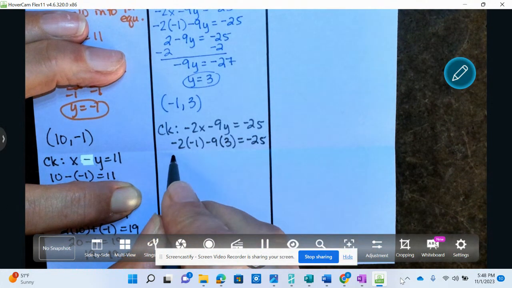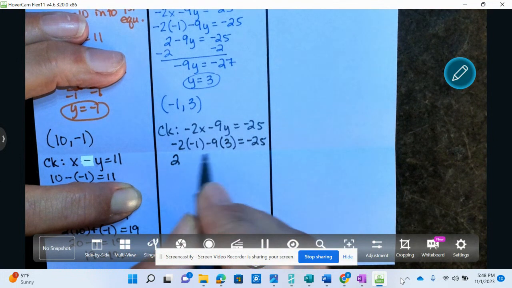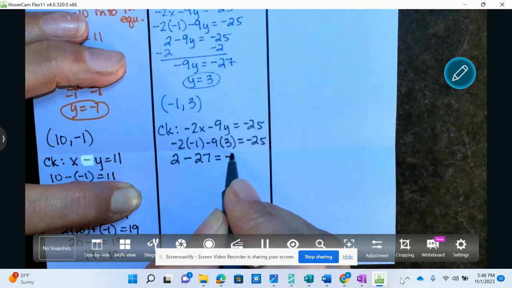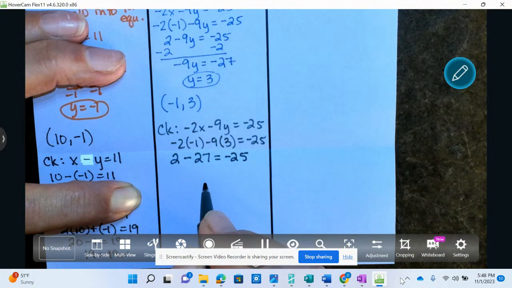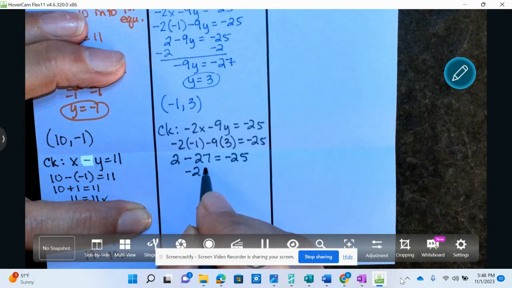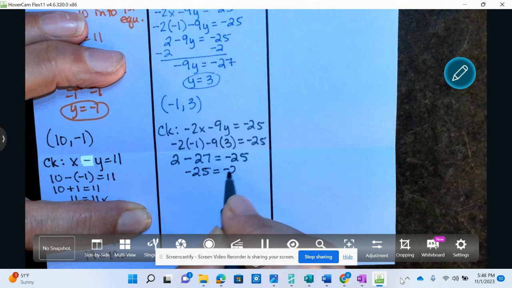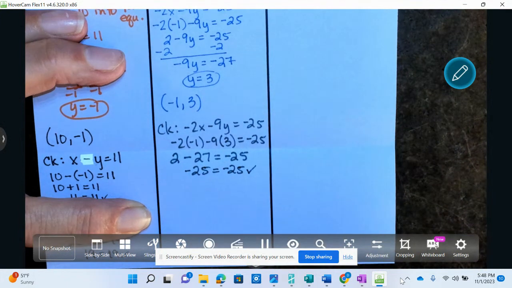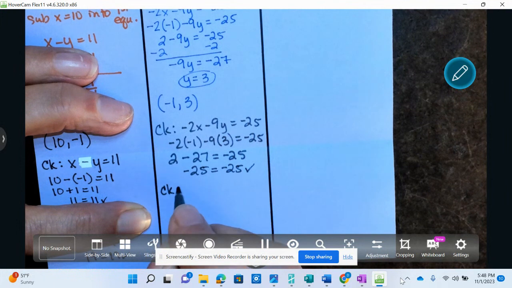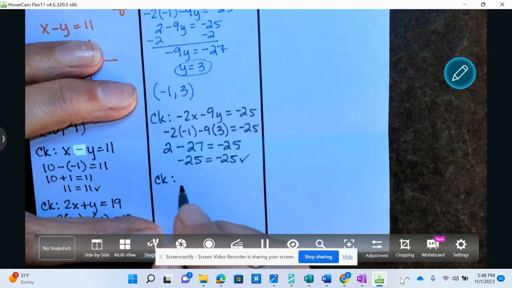A negative times a negative is a positive, positive 2. Negative 9 times 3 is negative 27, equals negative 25. Positive 2 and negative 27 is in fact negative 25. So negative 25 equals negative 25. That checks good.